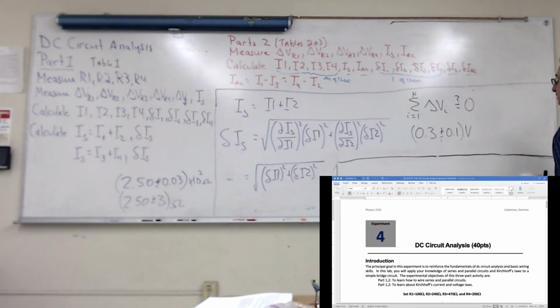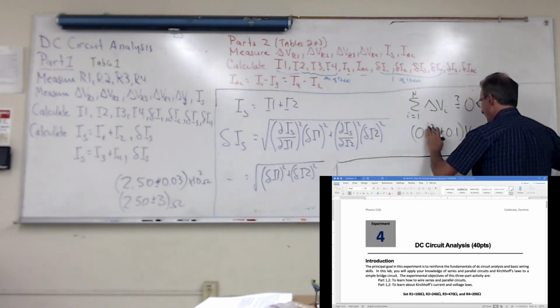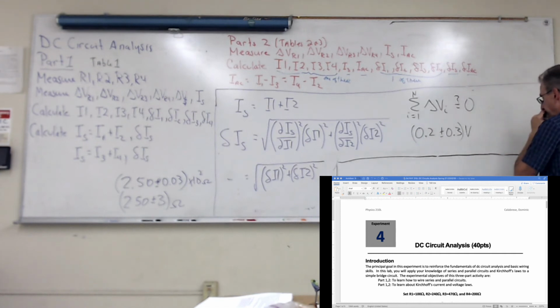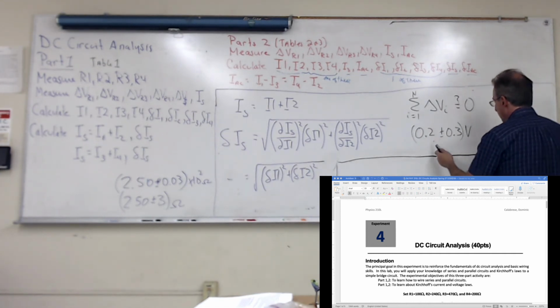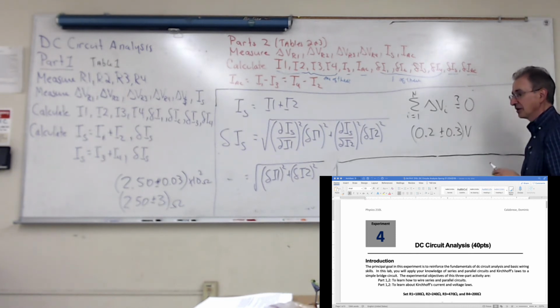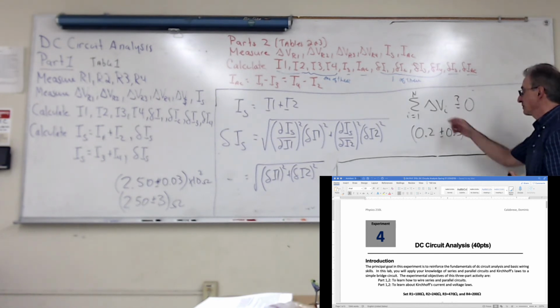If you get that for your results, it doesn't agree with the voltage law. But if you get this, that agrees with the voltage law. And this might bother you because the uncertainty is bigger than the sum. And that can happen when you're summing voltage drops, because some are positive and some are negative.